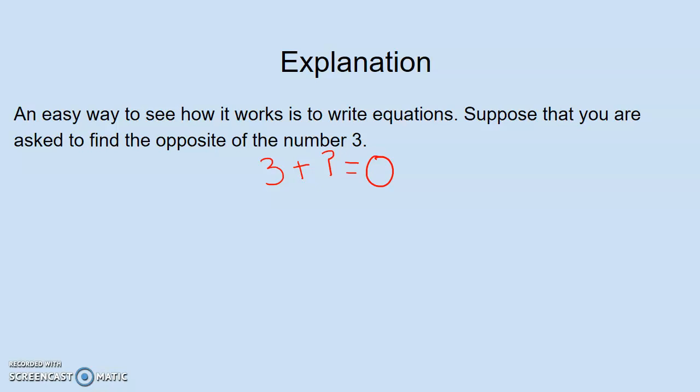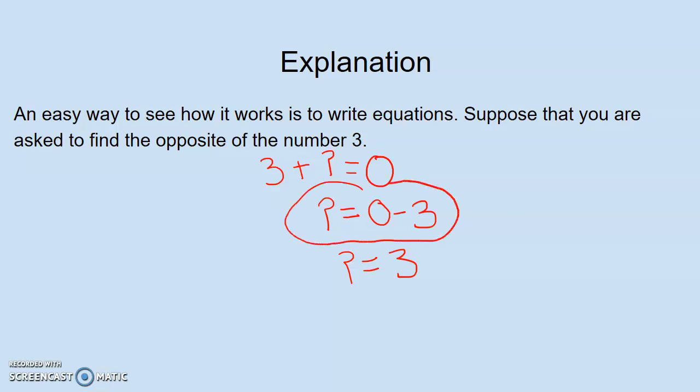Now we can subtract 3 from both sides to isolate the question mark. So the question mark is equal to 0 minus 3. And like we said in the previous slide, to find the opposite of a number, you can subtract it from 0. And we get that equation from this line.